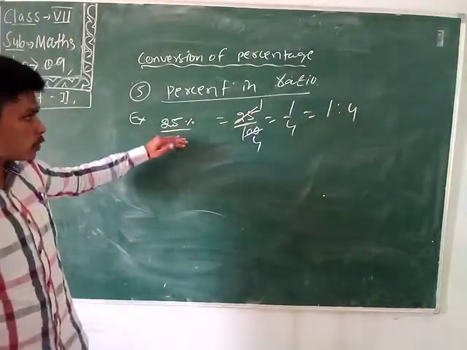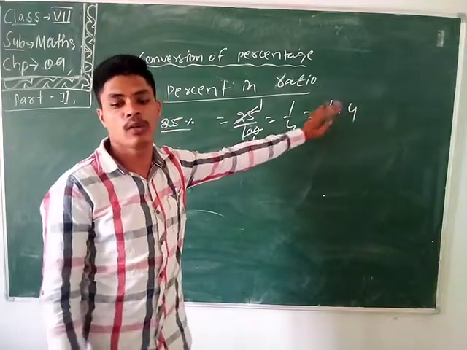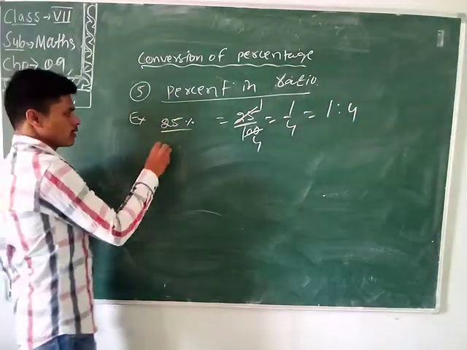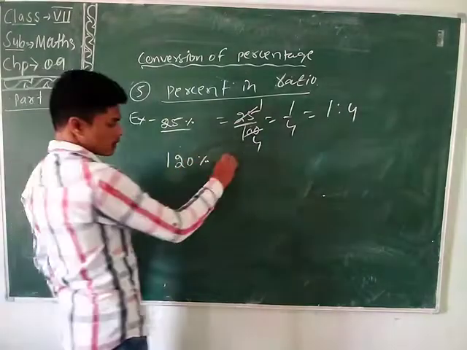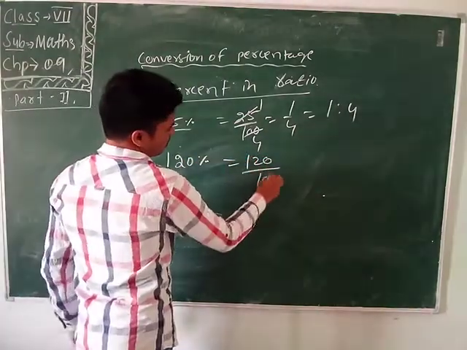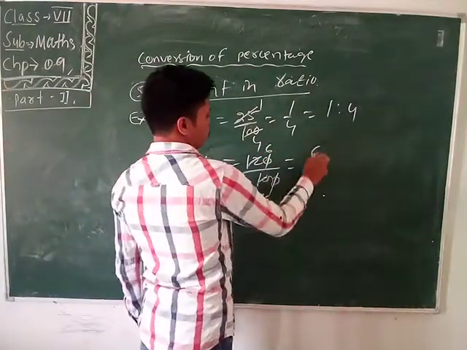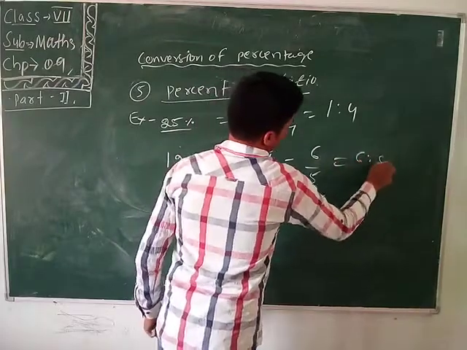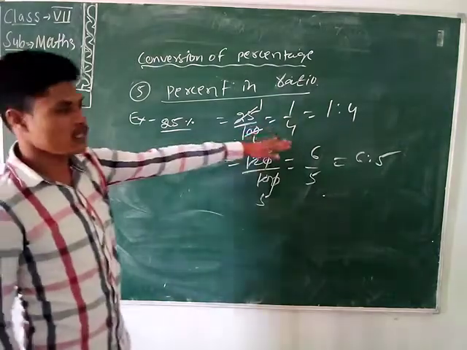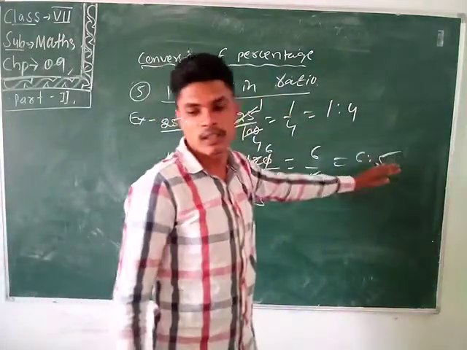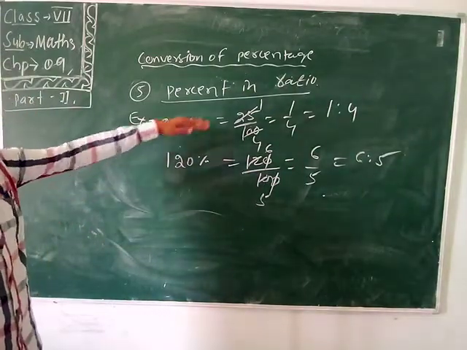Then when we convert 25% into ratio, our answer is 1:4. Another example, 120%. 120 by 100 reduces to 6 by 5, that's 6:5. When we convert 120% into ratio, the ratio is 6:5. Clear?